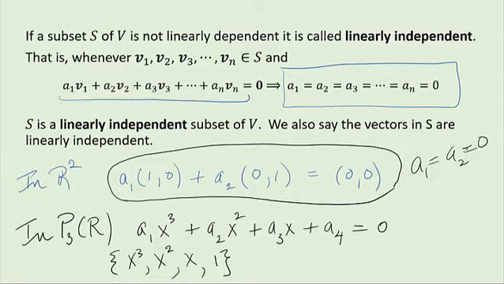Or we could say that those four vectors are linearly independent, meaning that if we set up an equation a1 times x cubed plus a2 times x squared plus a3 x plus a4 times 1, and set it equal to 0, the only solution is the trivial solution: a1, a2, a3, a4 all have to be 0.